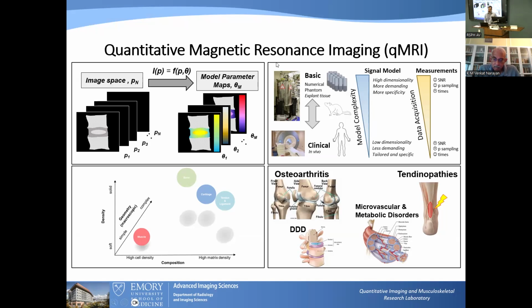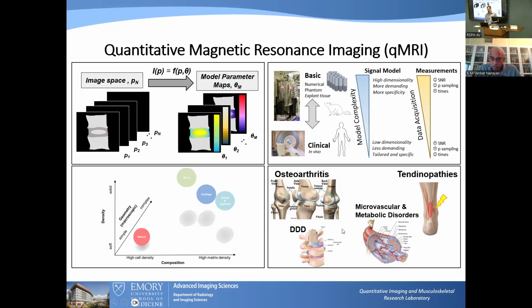Our laboratory really does this in a bidirectional fashion between clinical imaging and basic experiments that involve phantom materials, tissue explants, and numerical simulation. Because we feel that to develop these types of techniques, it is critical to understand all the different scales of how the imaging interacts with the actual tissue itself.